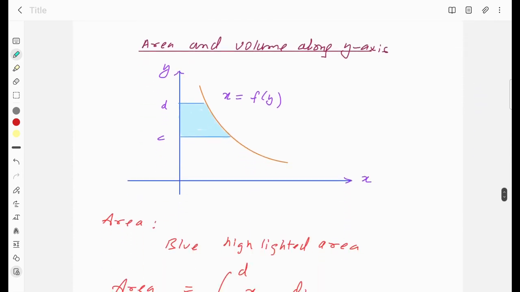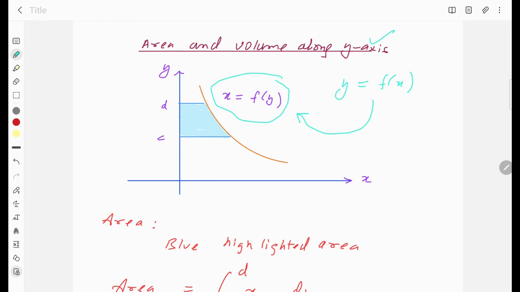Likewise, you can find area and volume along y-axis. And if suppose you are provided with y equals to f(x), then you have to rearrange it this way. Write x as a subject, x as function of y. So your curve is x equals to function of y for y-axis, and the limits are on y-axis c and d.